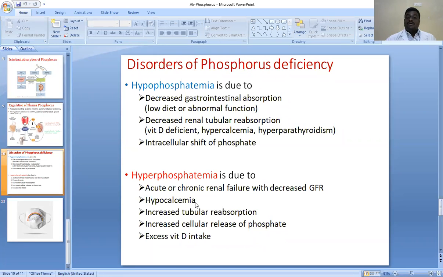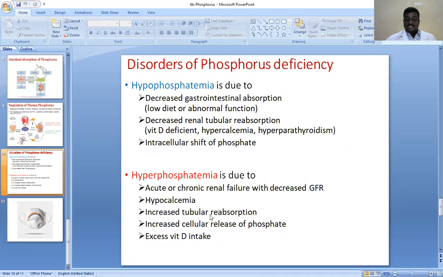Whenever hypoparathyroidism takes place, hypocalcemia takes place. When the parathyroid hormone is reduced, excretion of phosphate in the kidney is reduced. So it accumulates in the blood. Hypoparathyroidism is just the opposite of these functions in hypophosphatemia.